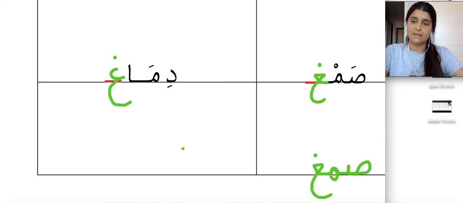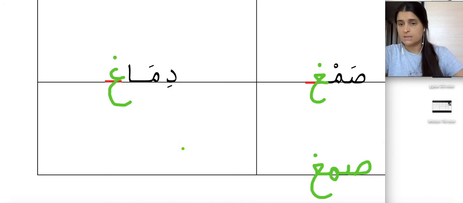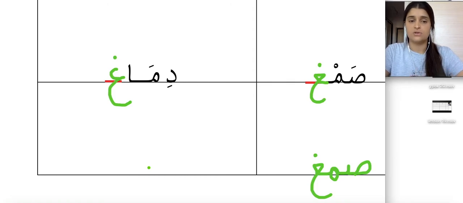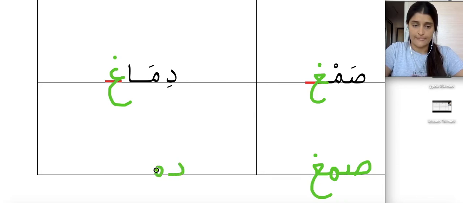In the next playlist, you will learn the words and the grammar rules, but here you have to concentrate on reading and writing. And now we're going to read and write Dimagh together. So this is Dimagh, which means brain.